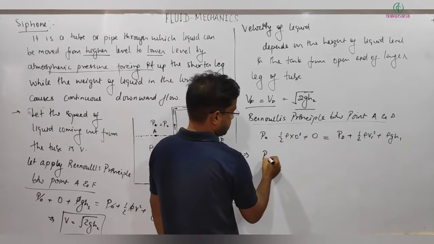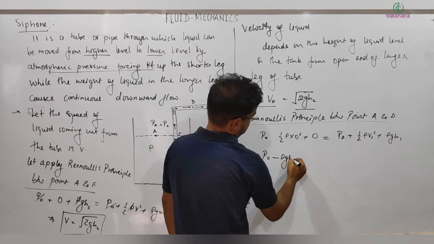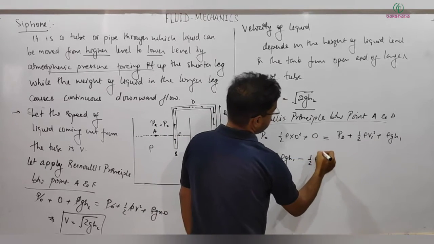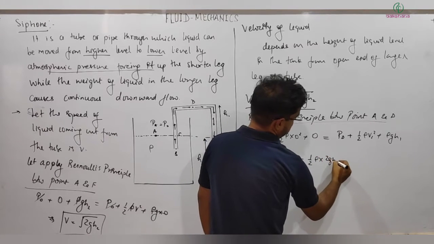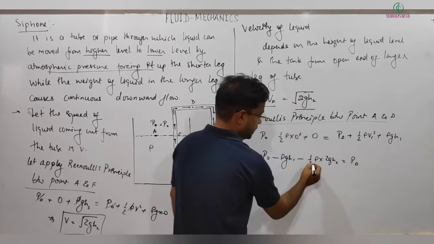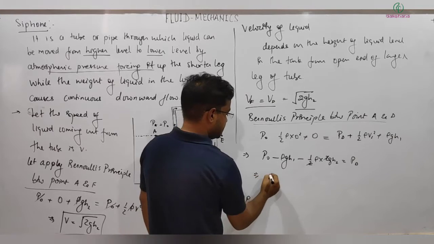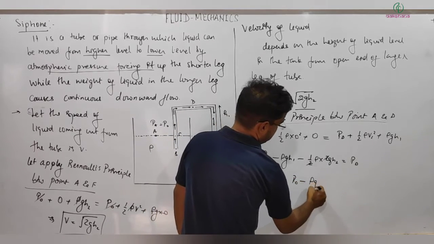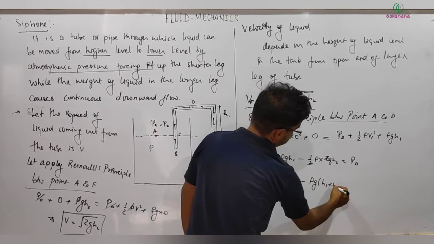So P naught minus rho g h1 and half rho into V2 square, which is 2g h2, is equal to PD. 2 gets cancelled, and this implies PD comes out to be P naught minus rho g, that is h1 plus h2.